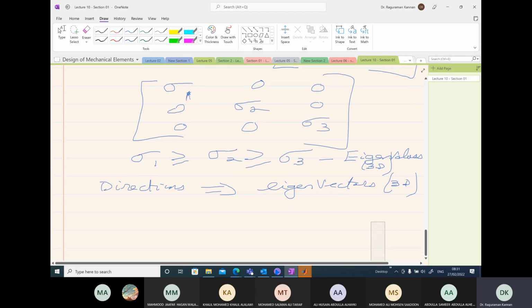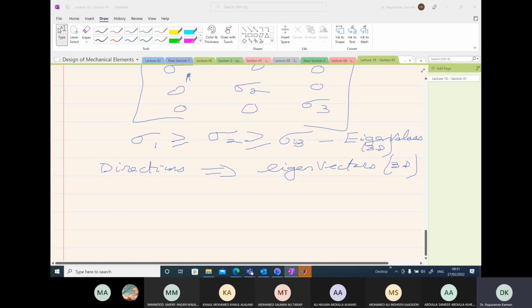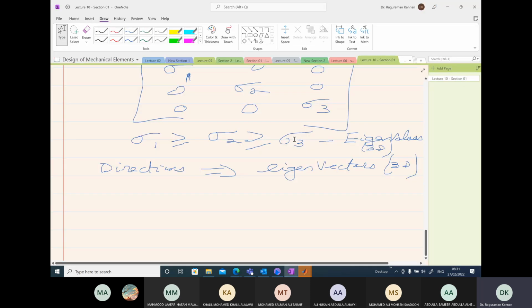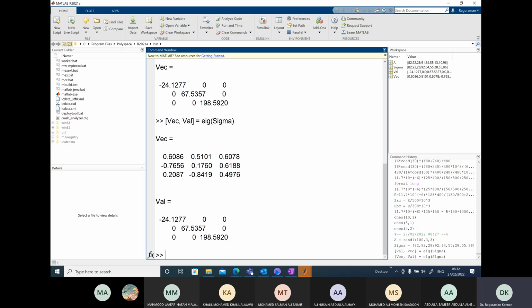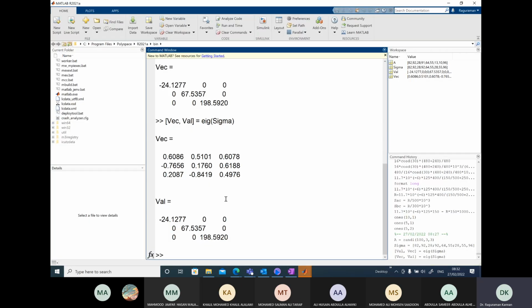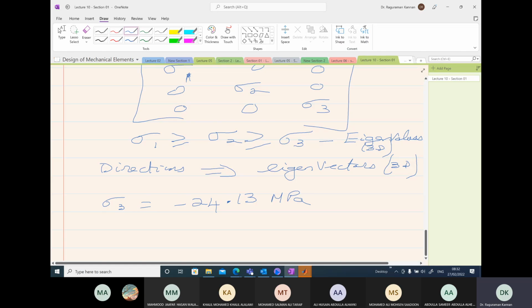Okay, so let's see the example here. If I take the sigma 3 value, which is the lowest value, minus 24.13 megapascals, and I want the direction corresponding to this principal stress, I take the first column and write the direction.